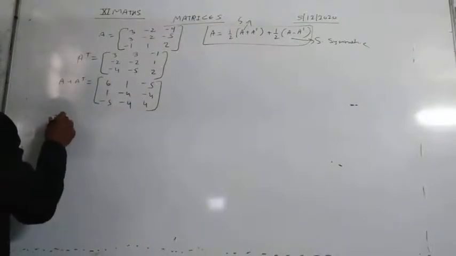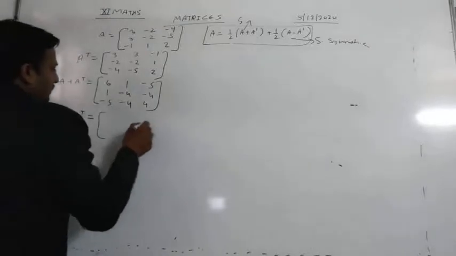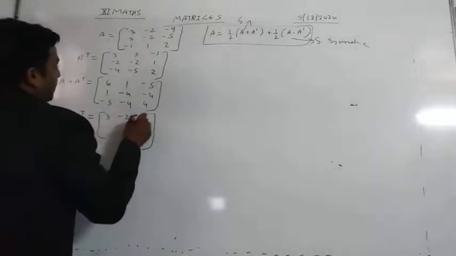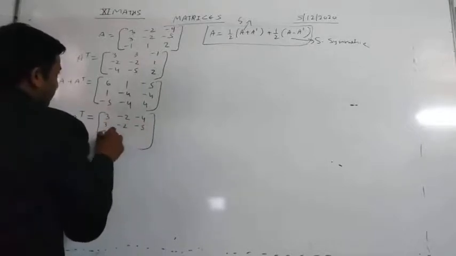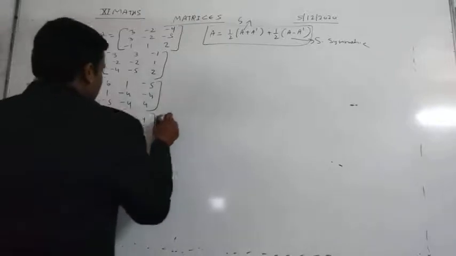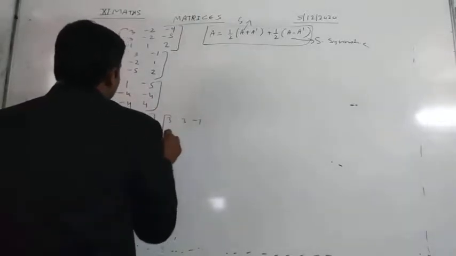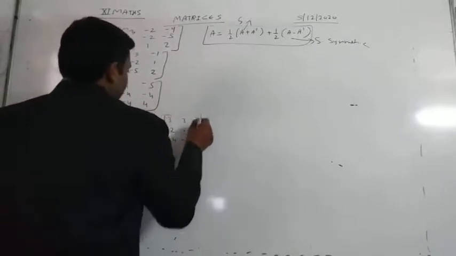Now we will find the difference, A minus A transpose. So we write again 3, -2, -4; 3, -2, -5; -1, 1, 2. This is minus the transpose of this: 3, 3, -1; -2, -2, 1; -4, -5, 2.